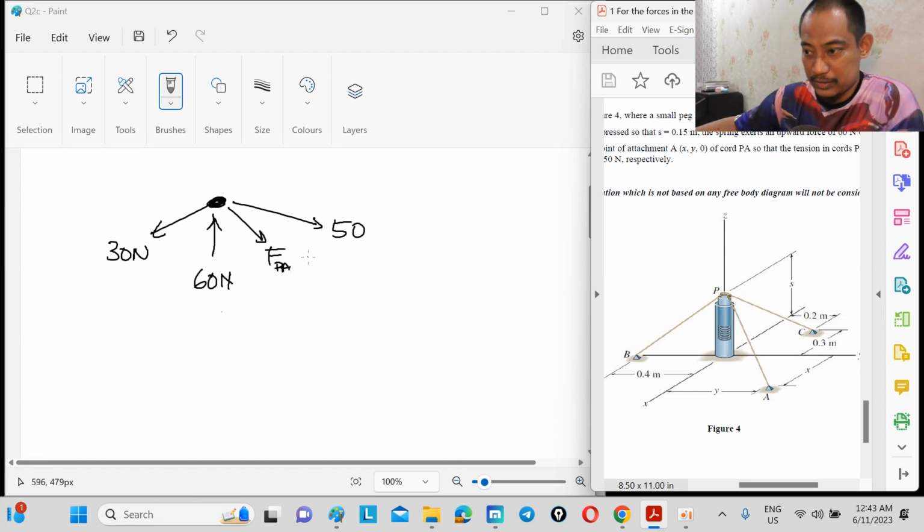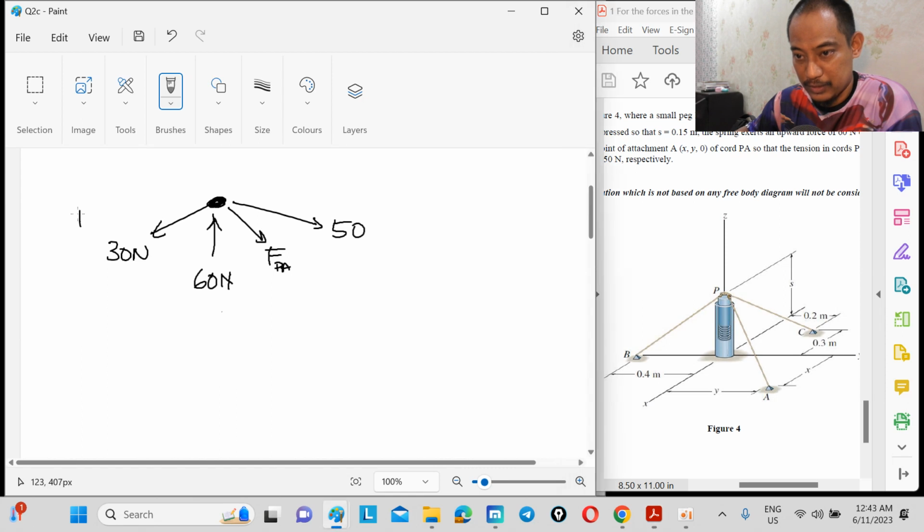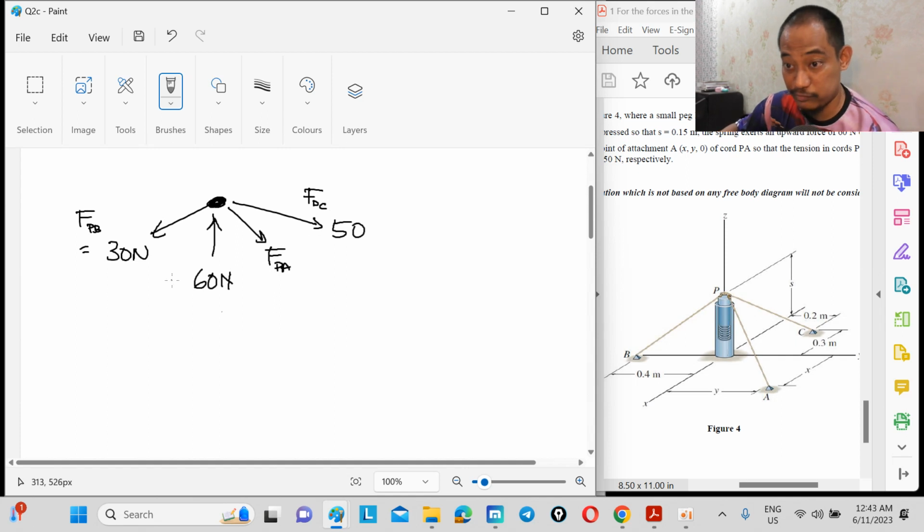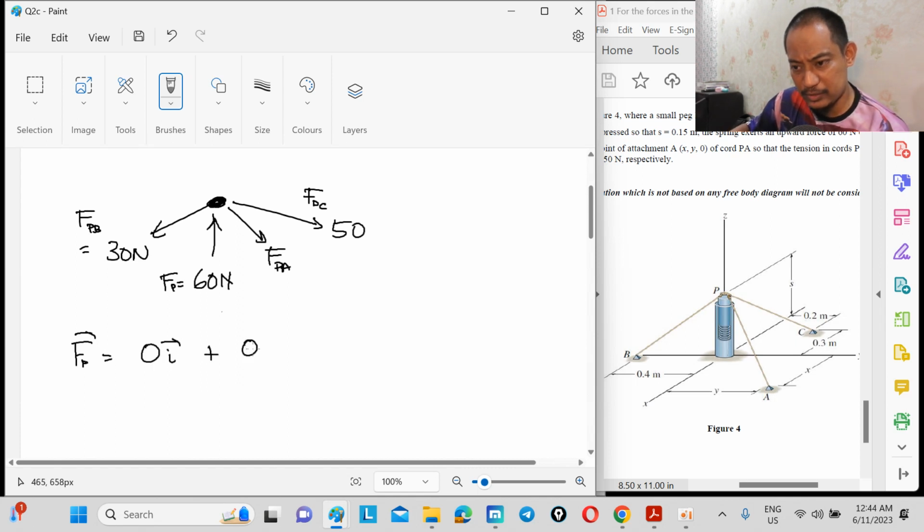So let's say FPB equal to this one, FPC equal to this one, and let's label this FP. Now FP is simply 0i plus 0j plus 60k Newton.